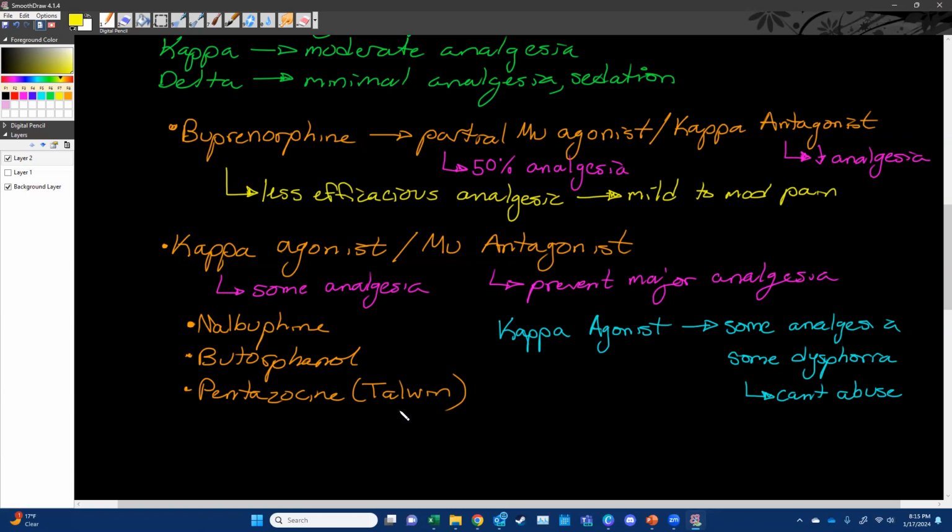So in other words, it's almost like a kappa agonist, mu agonist. So technically you might be able to abuse it. So they put in naloxone so you can't snort it, that sort of thing. It's a really good question. I think that's what it is. I'd have to double check.